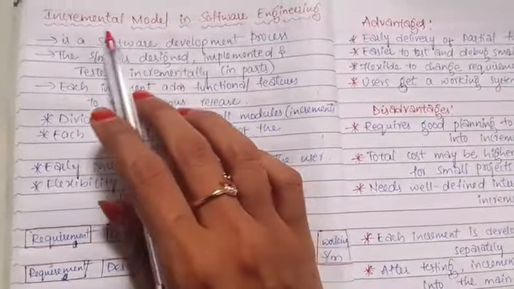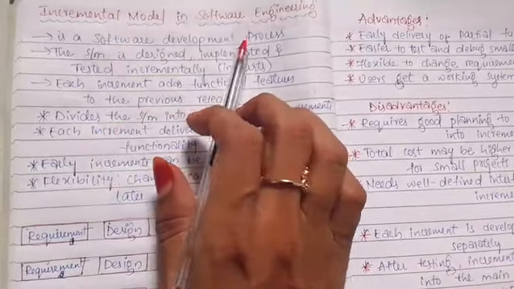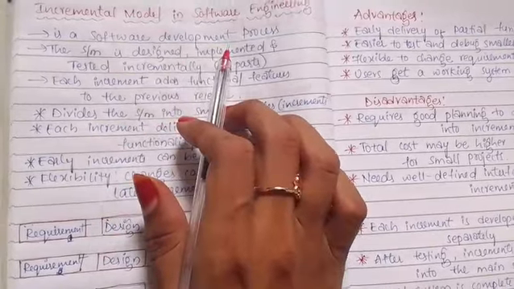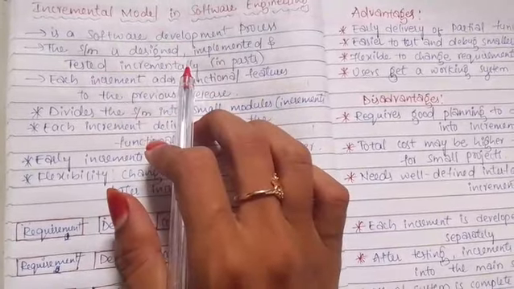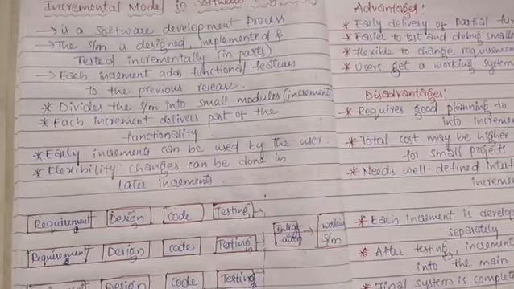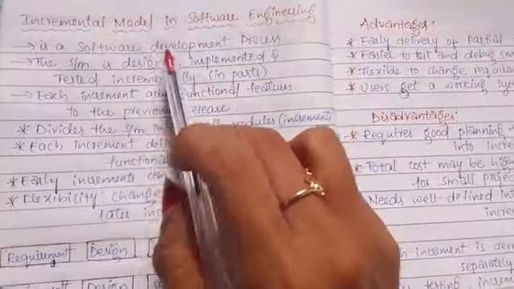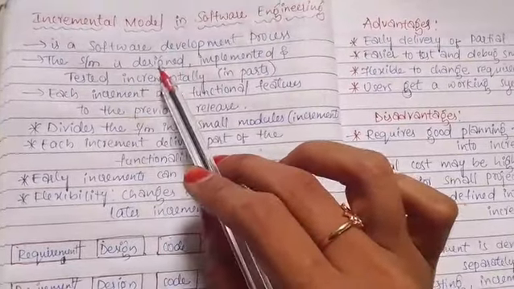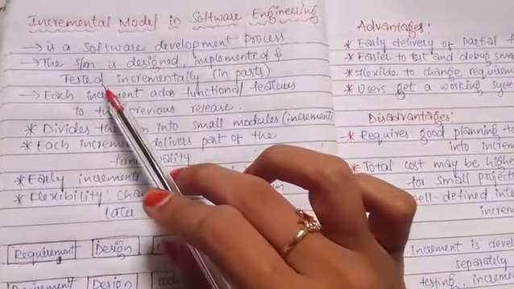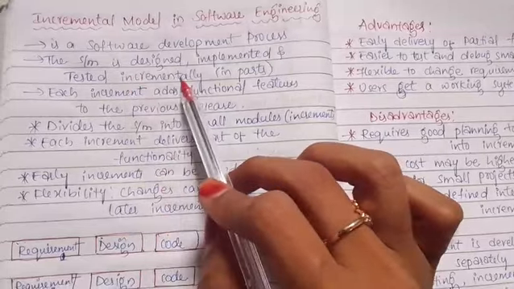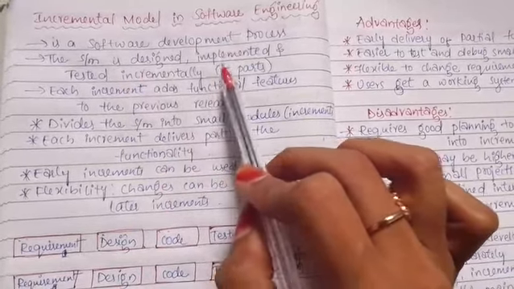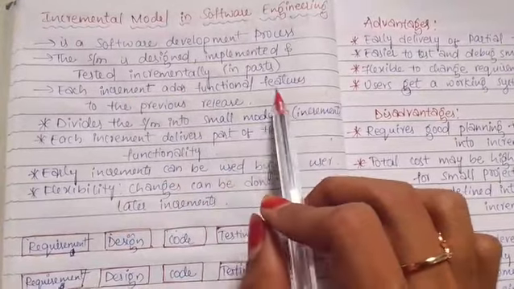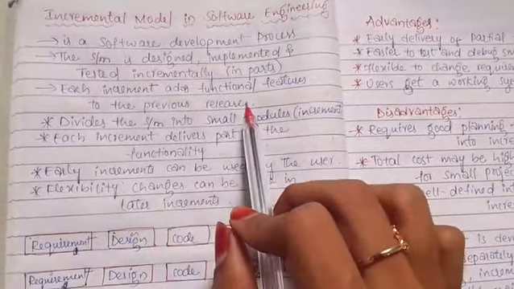Let us start. The incremental model is a software development process in which the system is designed, implemented, and then tested incrementally, step by step, in parts. Each increment adds functional features to the previous release.